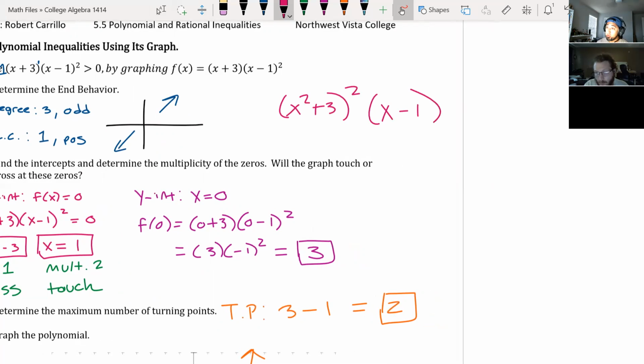So if you foiled this out, you'd get a high degree of 4, but then you have this one over here. So it'd be x to the 5th. Okay, so as long as the x's inside the parentheses are 1, we do not really count those unless they're at 2 or higher. Exactly. Very good question though.